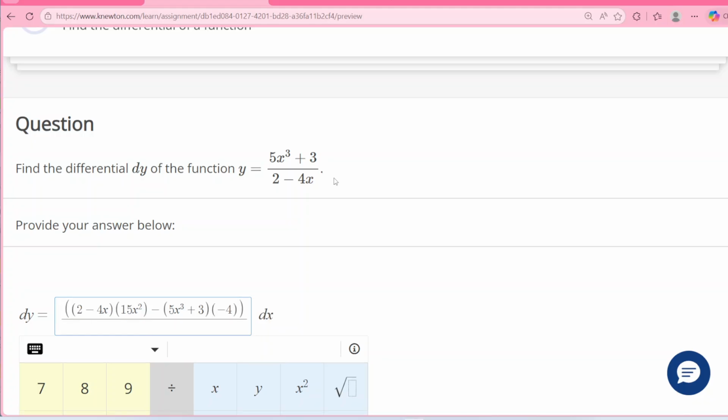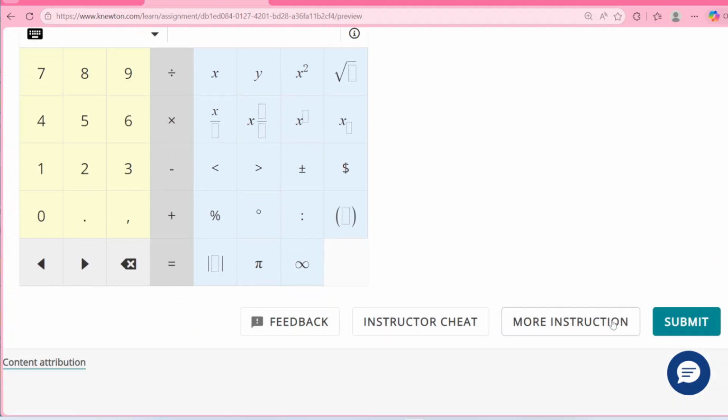That's all that up top, and then the denominator squared, so the quantity 2 minus 4x squared in the bottom. Now you could simplify this if you wish, but this is our derivative function, and this is how you would calculate a differential. The change in y, dy on the tangent line, would be equal to the slope of the tangent line, which is your derivative function, times dx, the change in x on the tangent line.